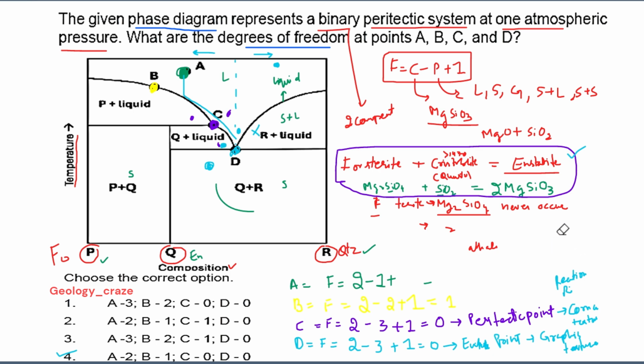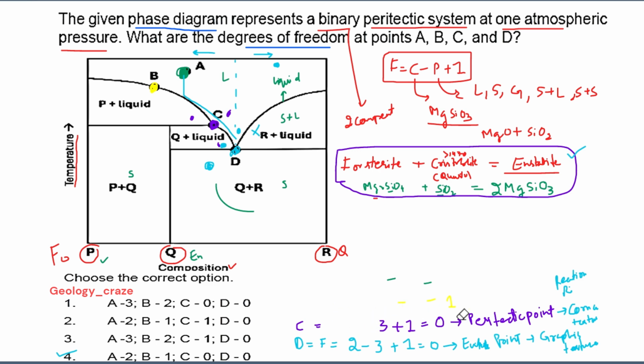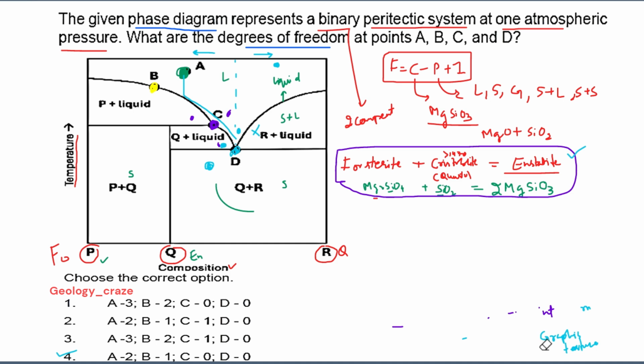So what is this corona texture? In our question we have the mineral phosphorite. Corona texture means that when one mineral is formed, it reacts with the melt.